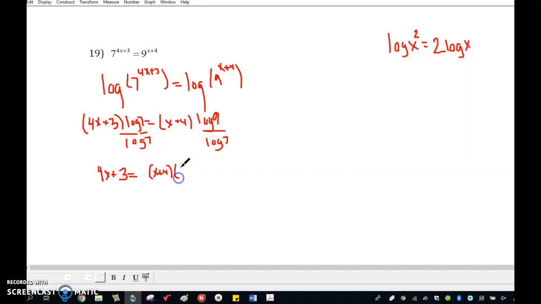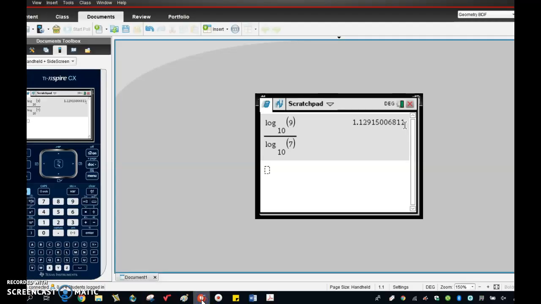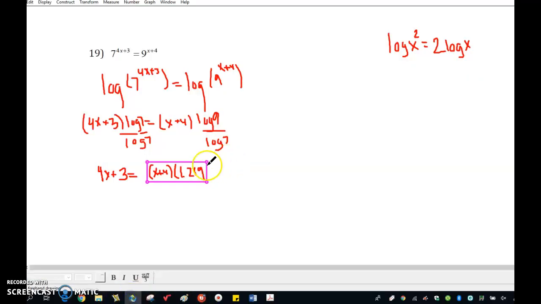times 1.21915, whatever that just was. Now, this is a number, and this number is outside of a binomial, so I would multiply there.